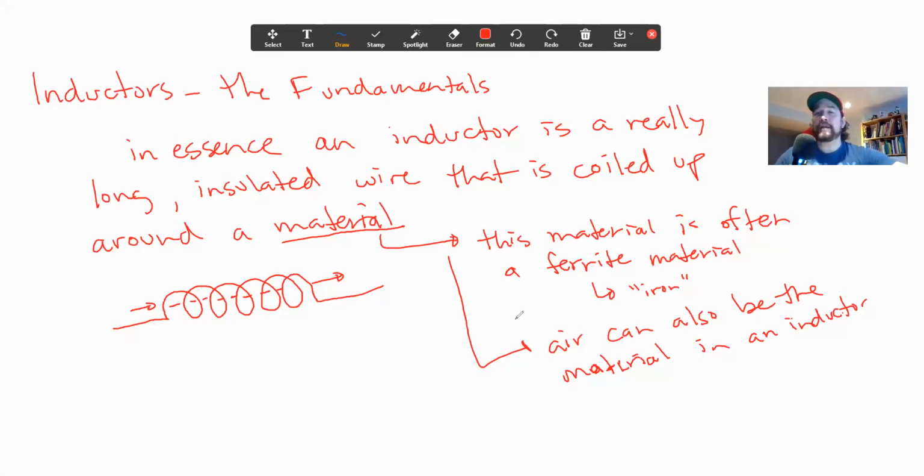Fundamentally, all we need to worry about is that it's a really long wire that's coiled up, and as current flows through it, it produces a magnetic field using the right-hand rule. My thumb is pointing in the direction of the current, and my fingers wrap around the wire to show me the direction of the magnetic field. We don't care about that. We just know that when all that happens, we get an inductor. That's all that's important to us.